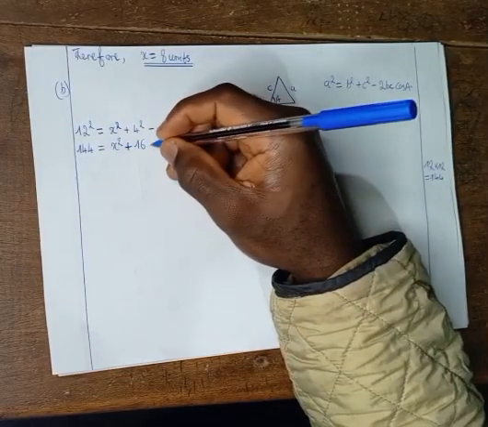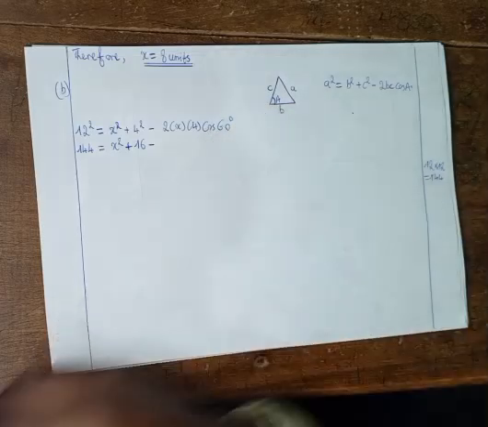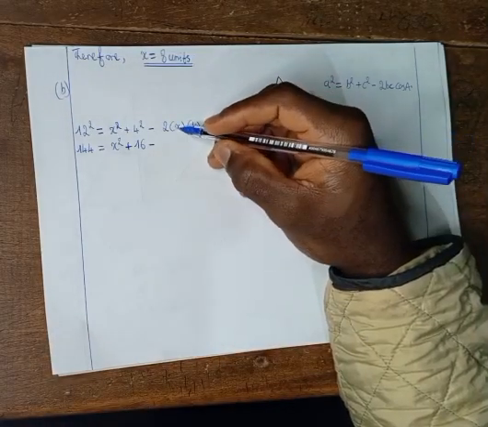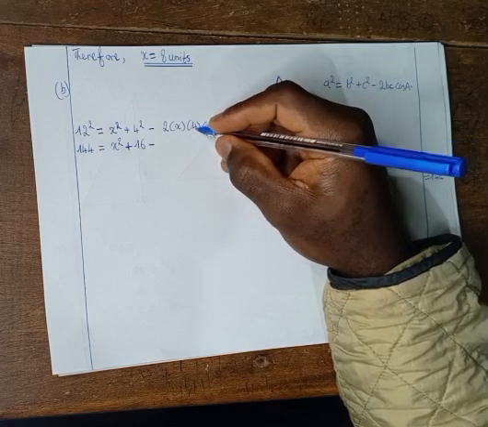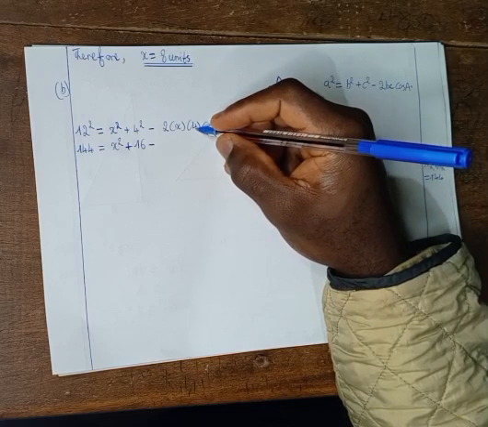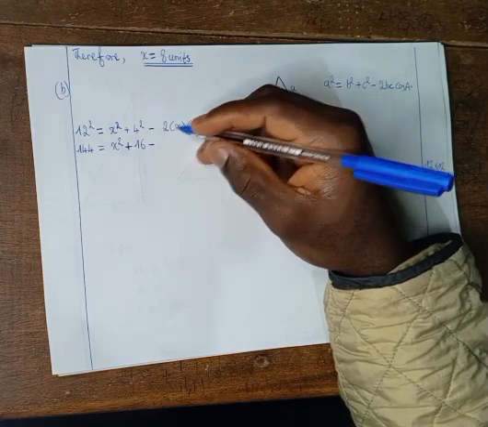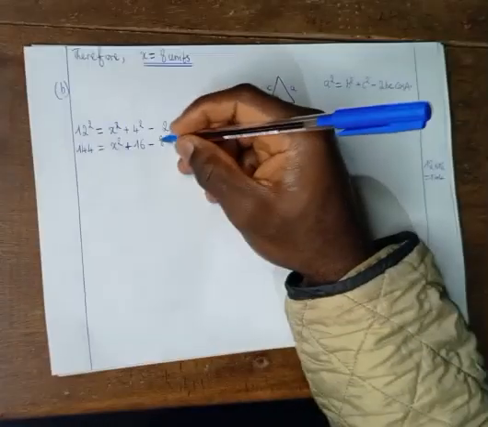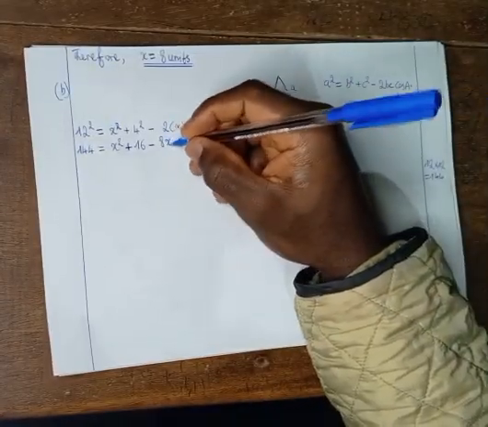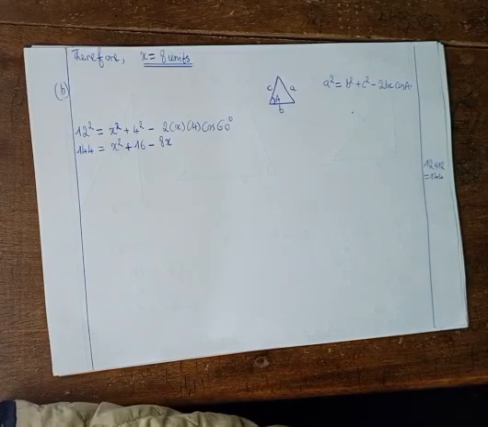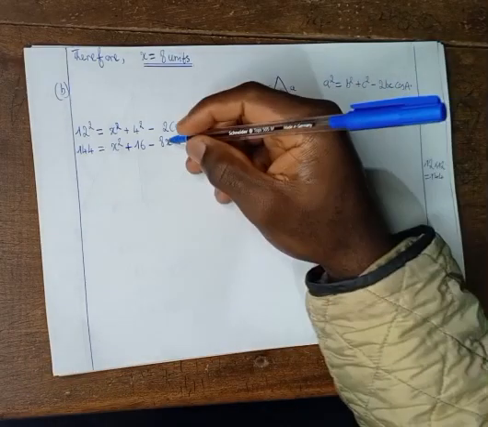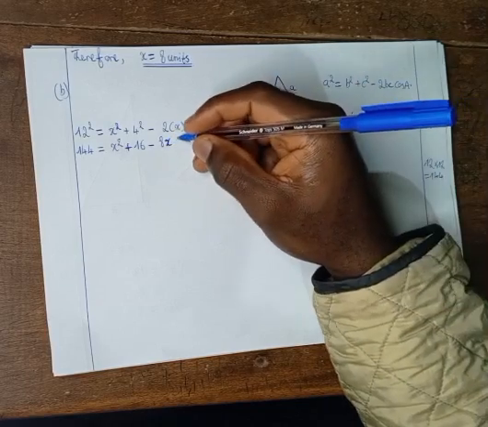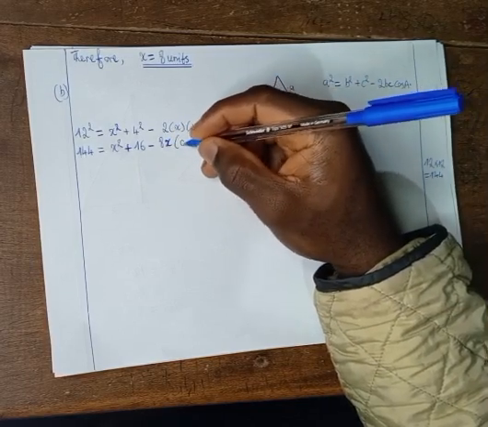We know 4 squared is 16, minus, here we are going to take 2 times x, 2x times 4, which will simply give us 8x, times cos 60. The cos of 60 degrees is simply 0.5, if you make use of a calculator.